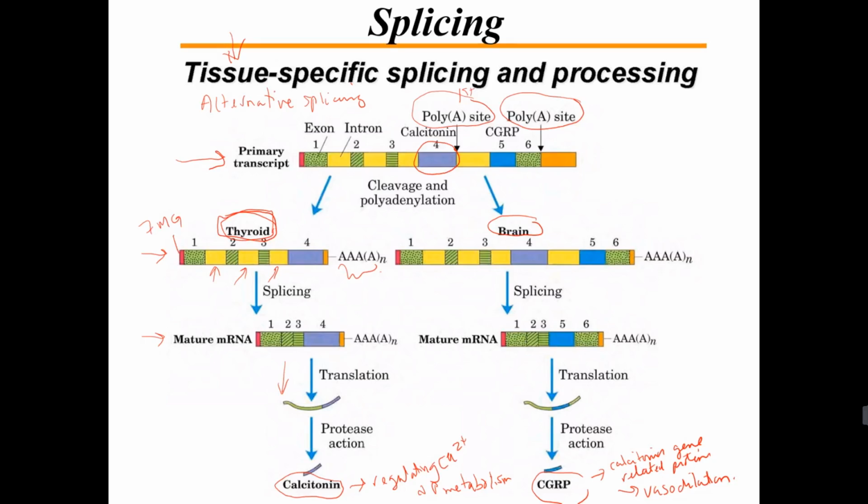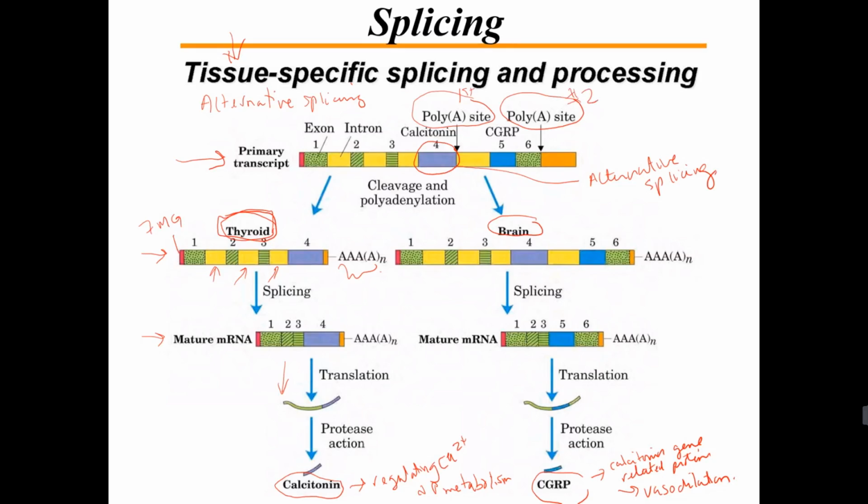In neuronal cells, however, we have alternative splicing of exon 4 and recognition of the second polyadenylation site in this transcript.